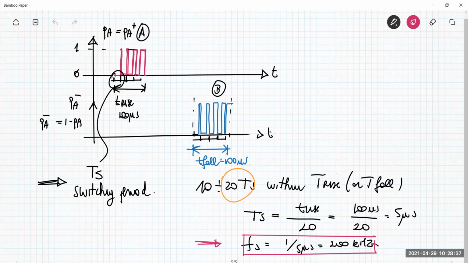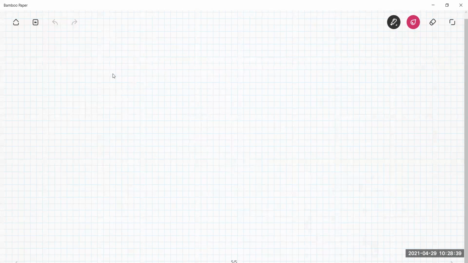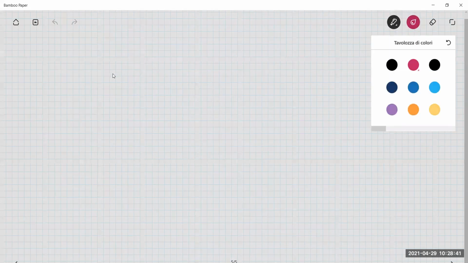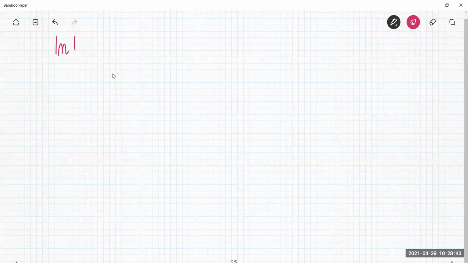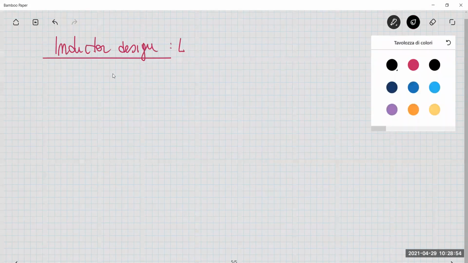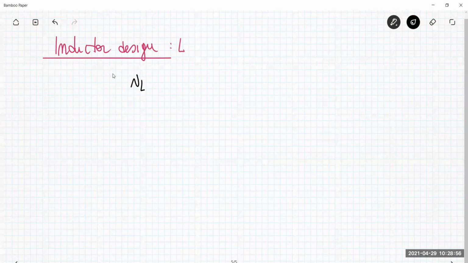Okay? So let me put now another important point, which is the inductor design, L. We know that VL, which is the voltage across the inductor, is given by L dIP over dt.